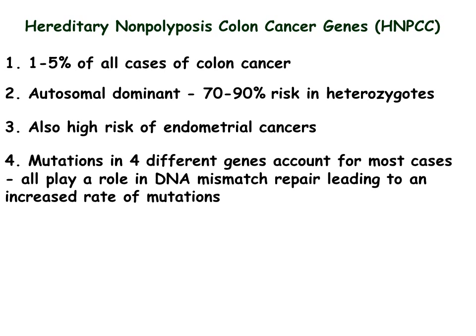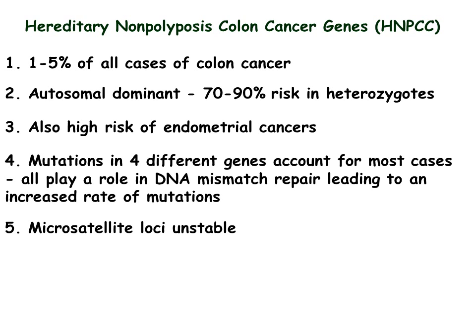And mutations in 4 different genes account for most of these, so they all play a role basically in poor DNA repair. And so this increases the rate of mutation. This particular repair is called mismatch repair. And if the genes for mismatch repair aren't working properly, then the DNA mutations that occur during normal cycling don't get fixed, and they may, of course, inactivate a tumor suppressor or activate a proto-oncogene.